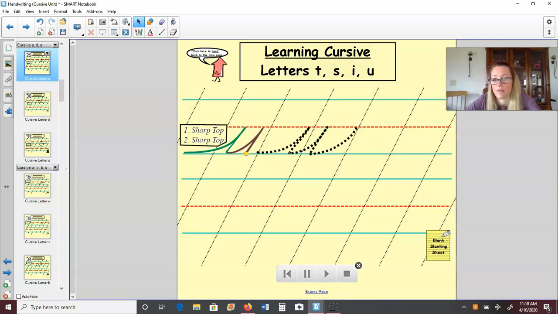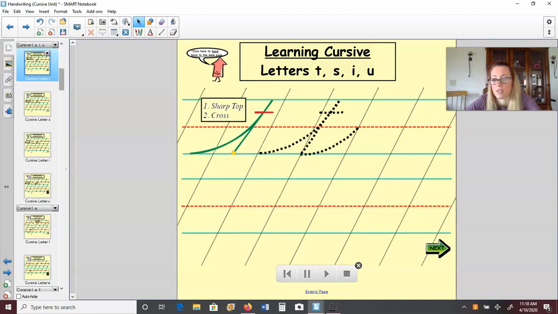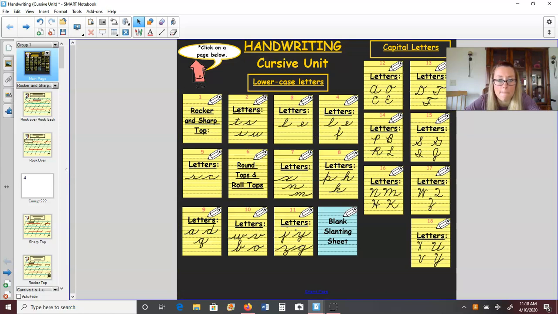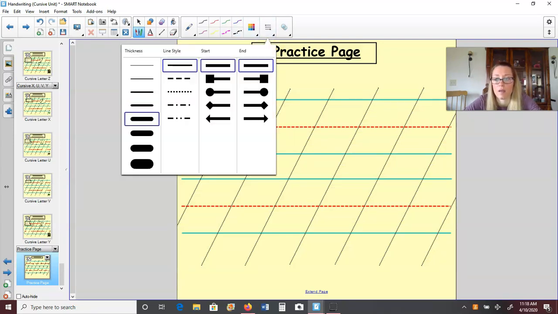Pages are moving very slowly. Missing. All right, well, I'm just going to go to a blank sheet here, and I can practice through with you.